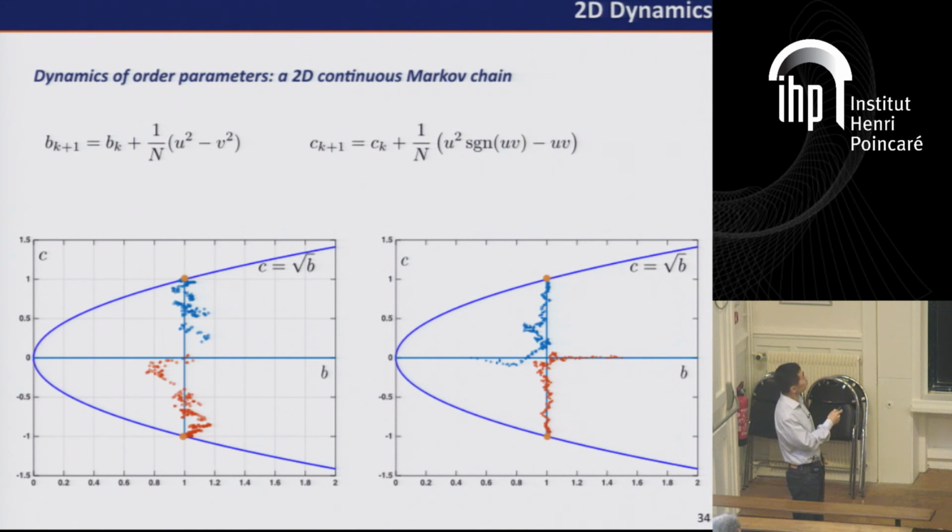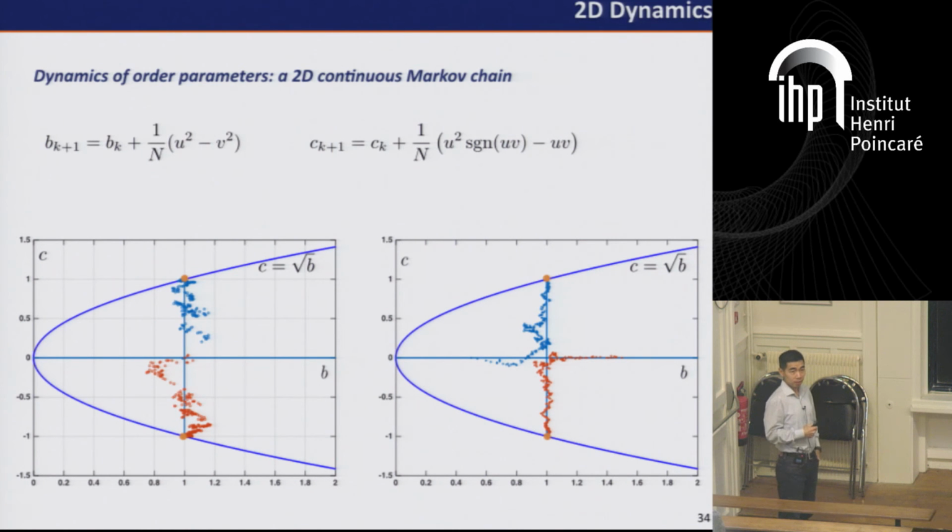Okay, and here U and V are jointly Gaussian, whose covariance matrix depends on the current value of b_k and c_k. So it's really a Markov process. Okay, but still, it's not very convenient to study a Markov process defined on R^2, because the state space is uncountable. But what is nice is that the step size here is 1 over n.